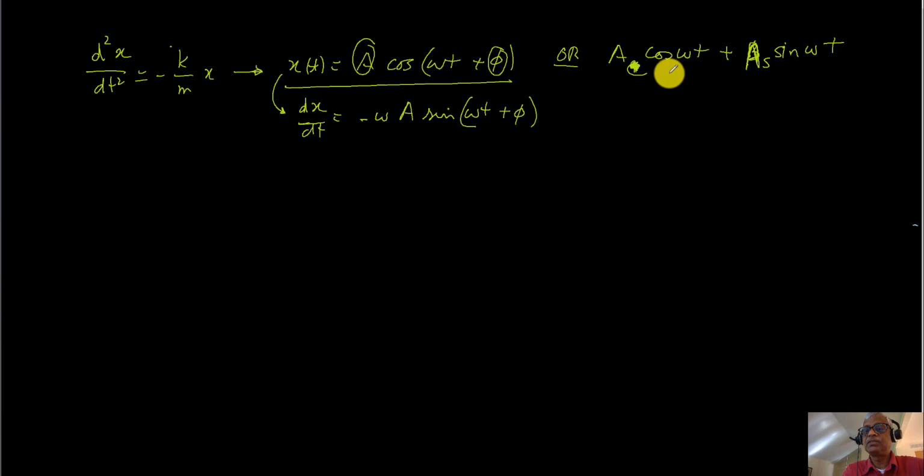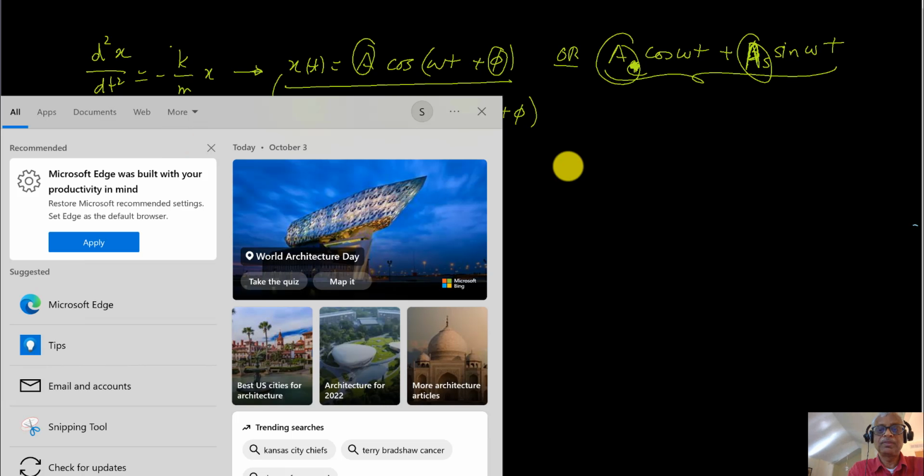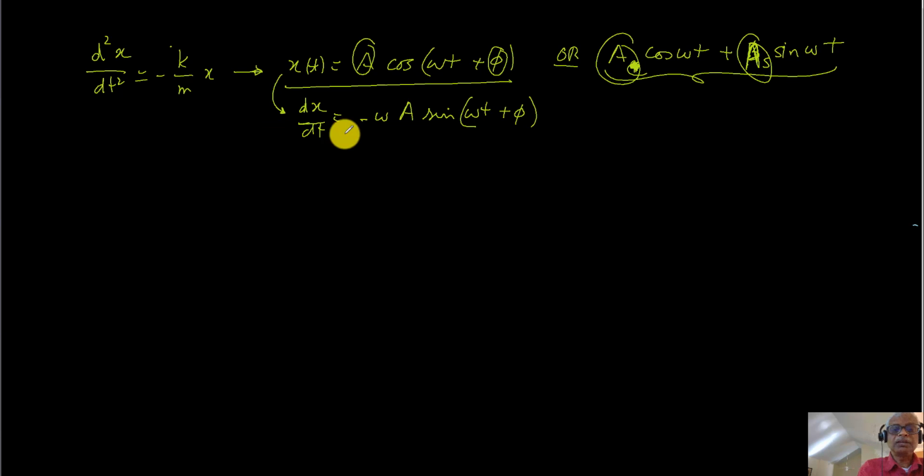You should work this out and see how you can get these coefficients. The way you get it is initial conditions, meaning x at time 0 is given, and dx dt at 0 time is given.